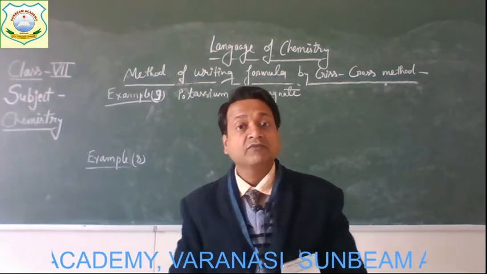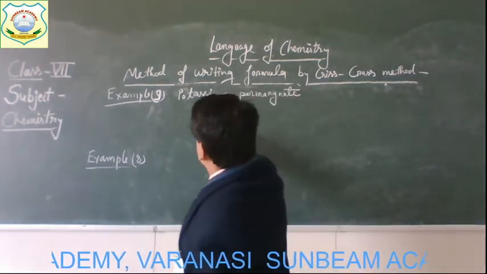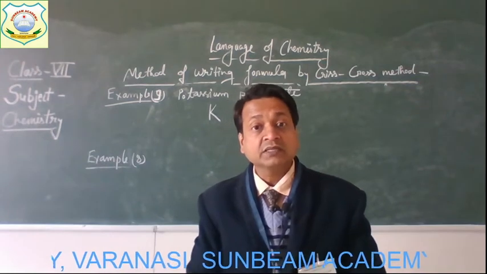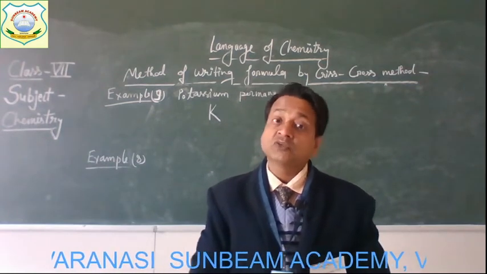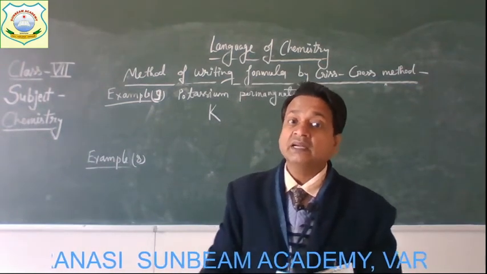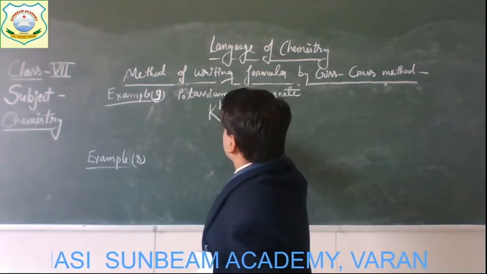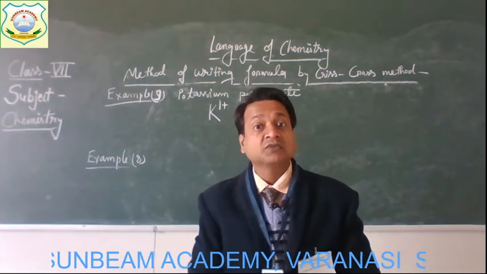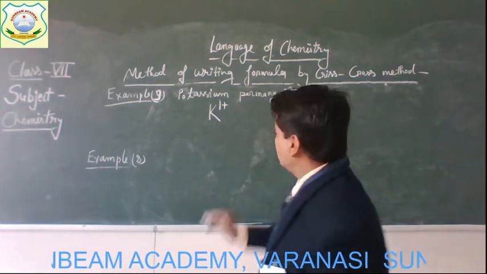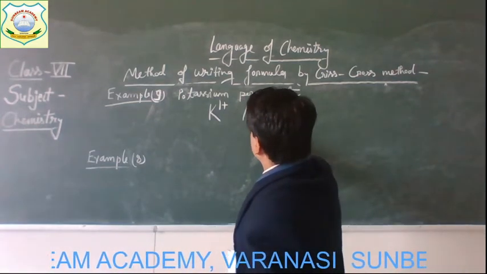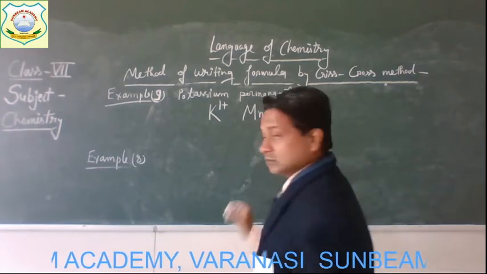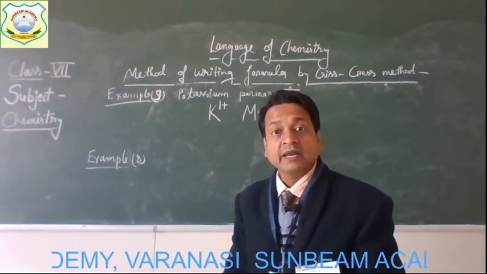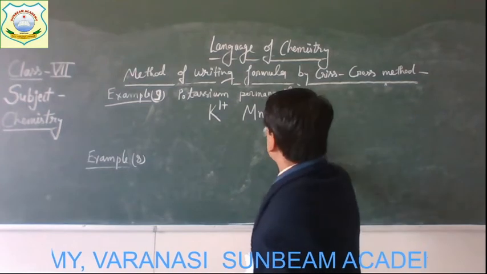So the symbol of potassium is K, and the valency of potassium is +1. So we will write this valency at the top. And permanganate, its formula is MnO4, and the valency of this permanganate is -1.